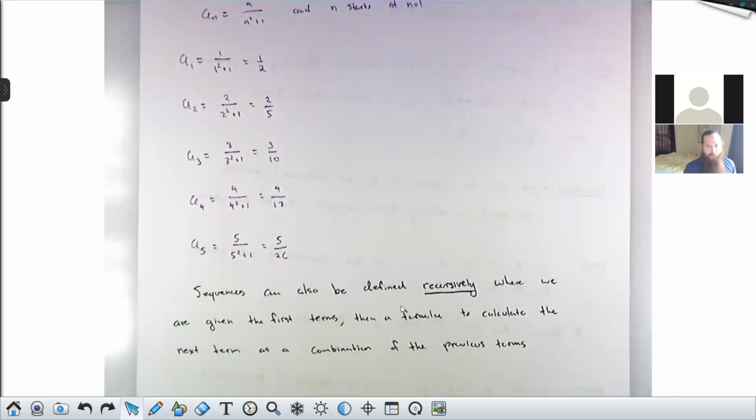The formula that tells you how to get the next term from the last term or the last few terms is called a recurrence relation. And those first few terms are often called initial conditions.